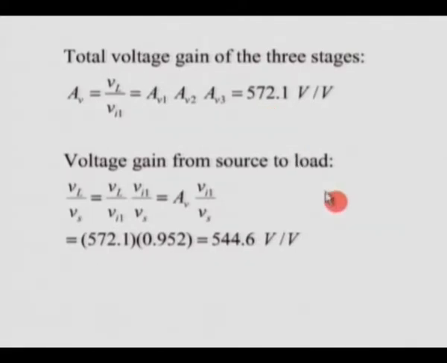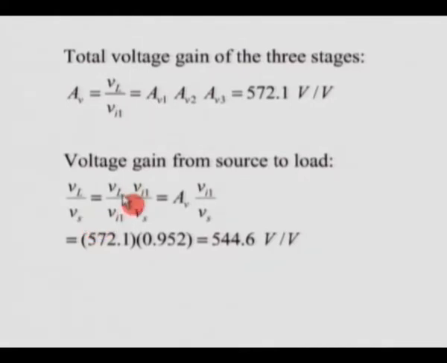What is also important is the voltage gain from source to load. Yesterday we used the term overall voltage gain. Now, in this case the overall voltage gain would be the fraction VL by Vs, where VL is the voltage across the load, and Vs is the open circuit voltage of the source.